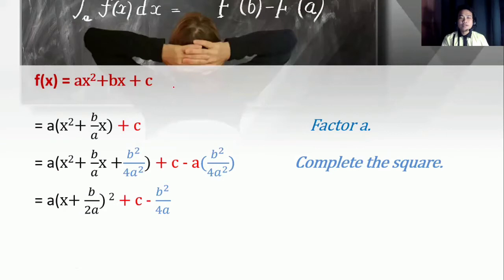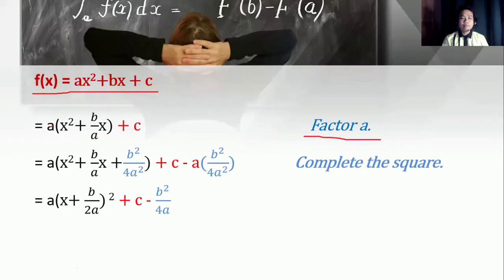So from the standard form of quadratic functions, f of x equals ax squared plus bx plus c, we have to derive and to get the vertex form, which is y, or f of x, equals a times the quantity of x minus h squared plus k. From this standard form, we have to factor out the value of a.